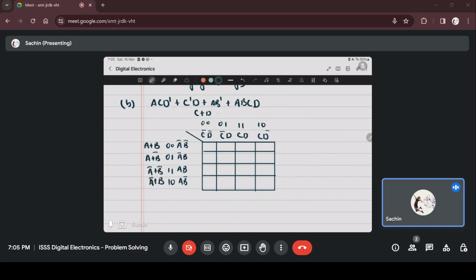This will be c plus d, c plus d bar, c bar plus d bar, and c bar plus d. First, we'll do the sum of products expression. ACD bar, that's ACD bar, that's also ACD bar. C bar D is these four. AB bar is the bottom row. ABCD is that single one.